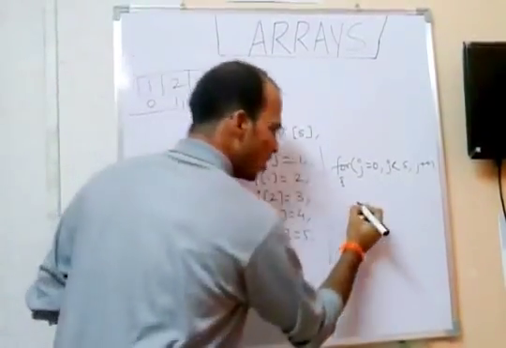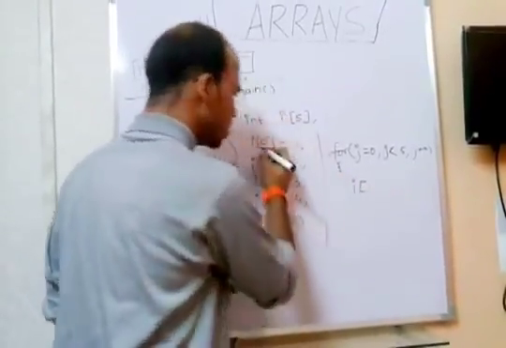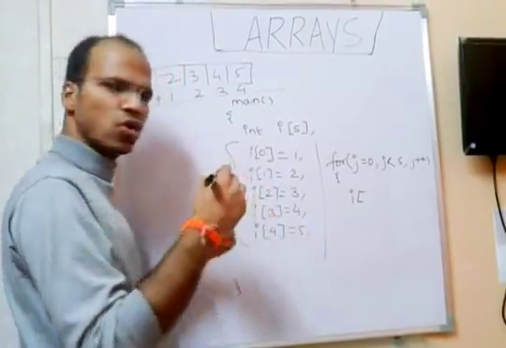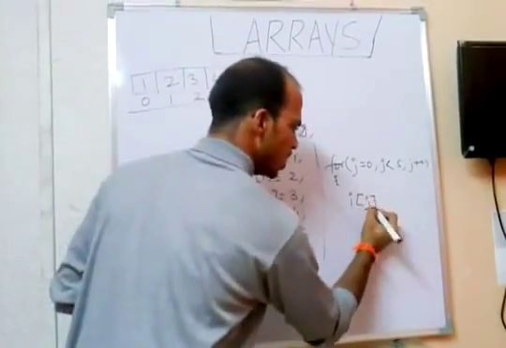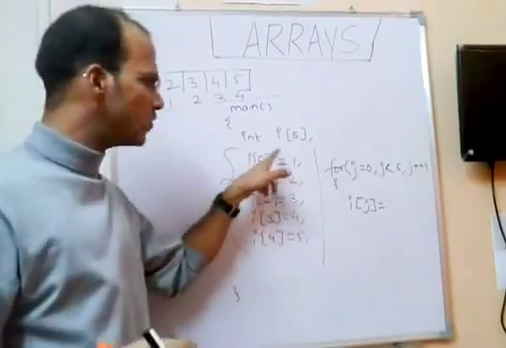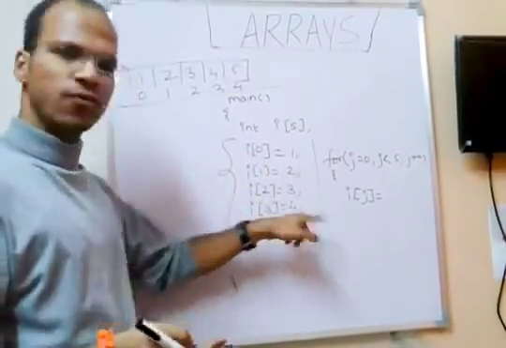Now what you have to do is assign values. Like if you are assigning I of 0, I of 1, I of 2, I of 3, I of 4, instead of writing 0, 1, 2, 3, 4, we can write j. So it's I of j is equal to... Now if your location is 0, you are assigning 1, then 2, 3, 4, 5.